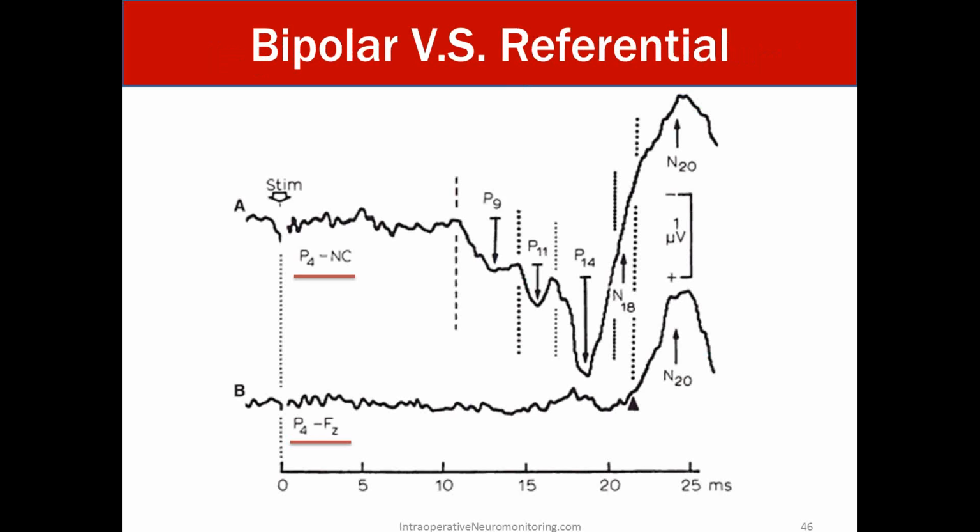So here we have a bipolar versus referential, and while I'm at it, if you have a question on the CNIM where it just pops up a picture, they're notoriously known for having grainy pictures. They're not going to take one from an up-to-date Cadwell or a Medtronic unit that we're used to seeing.